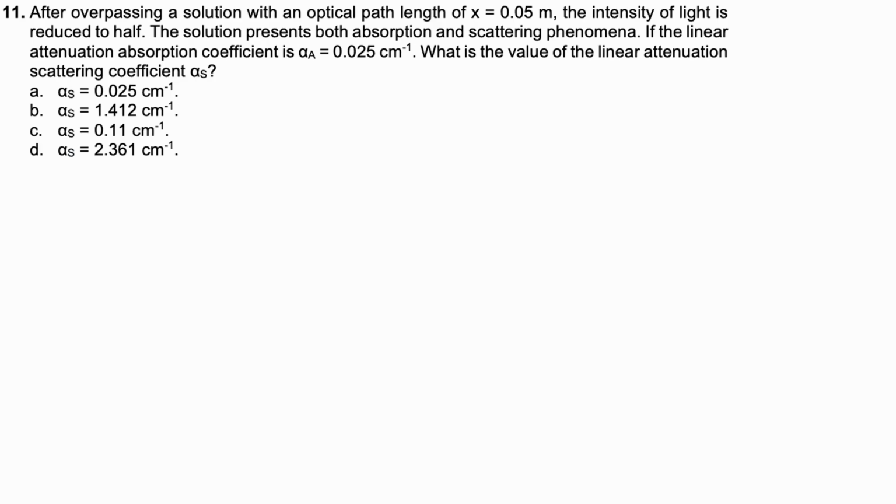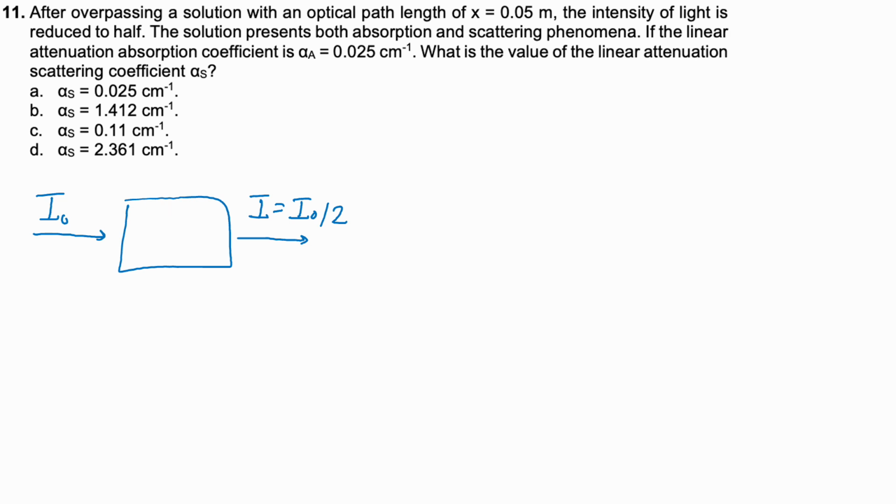The next problem is similar. It's still Beer's law, but generalized, since we have incident light going into a material, and the problem tells us that the intensity of the light is reduced by half. In our medium, we have absorption and scattering.